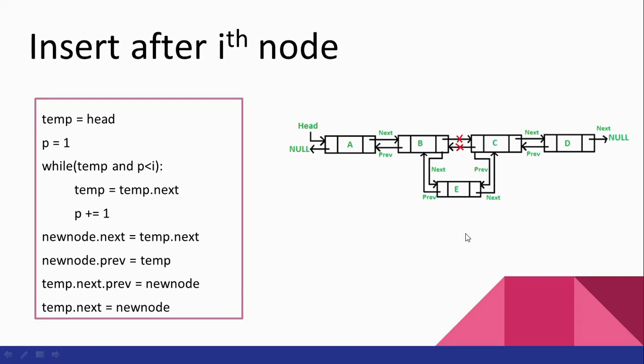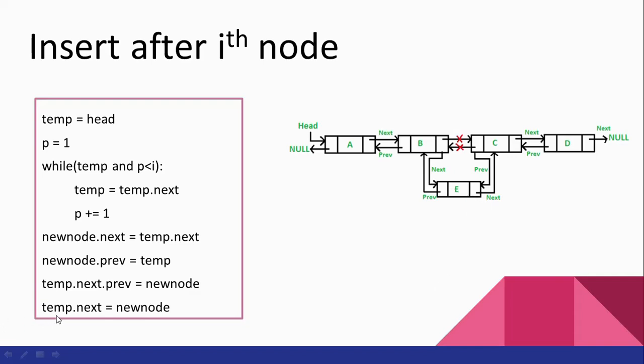Okay. Similarly, the previous pointer of the current temp's next node must point to the new node. That is what is denoted here, temp.next.previous. The temp node is as of now B, its next is C, so temp.next.previous means the previous pointer of node C must point to the new node. Okay, so that is the case.